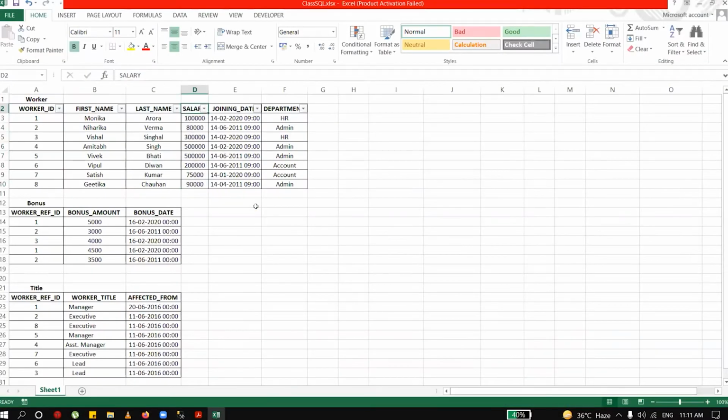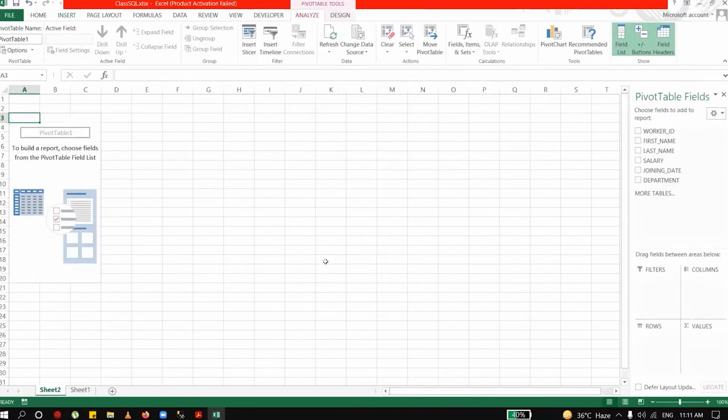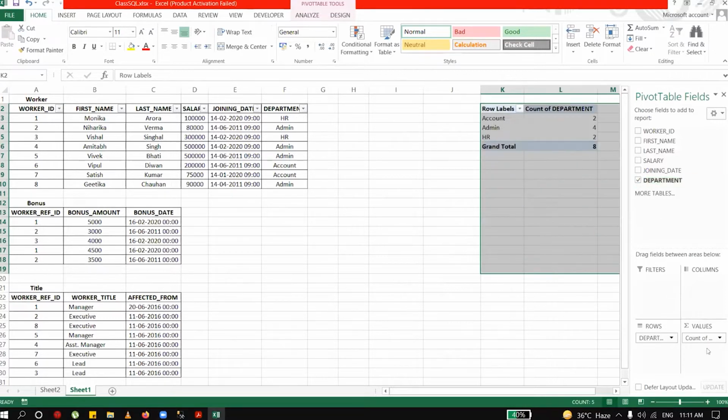Over in the Excel file, how it looks: if I use this above table and use the pivot over here, and select first the department, and then we have a count of it.